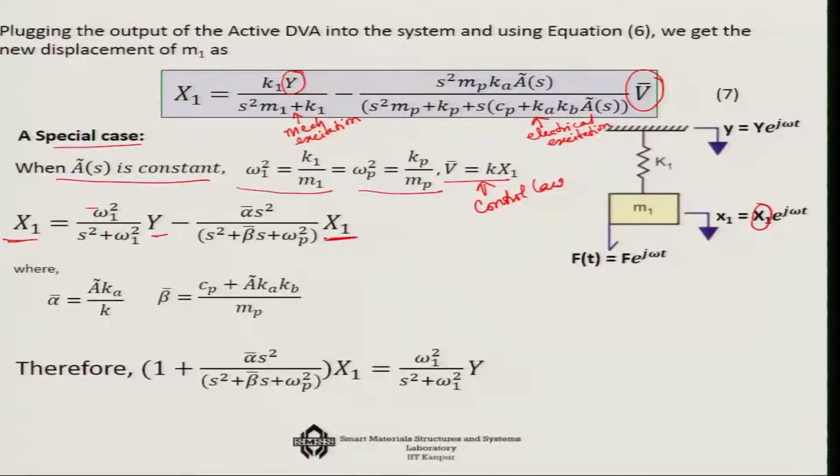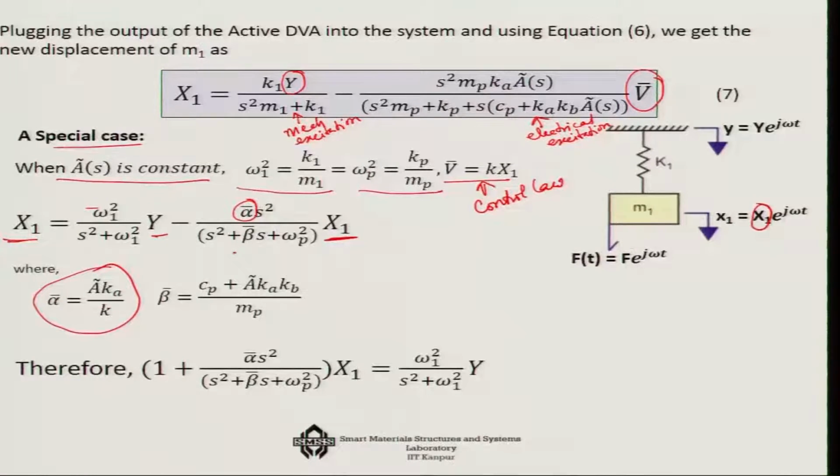Now, of course, where is the control part? You have to keep that in your mind. Alpha bar here is A tilde k_A k over k, which means that it has the control part, because you have the control law embedded inside this system.